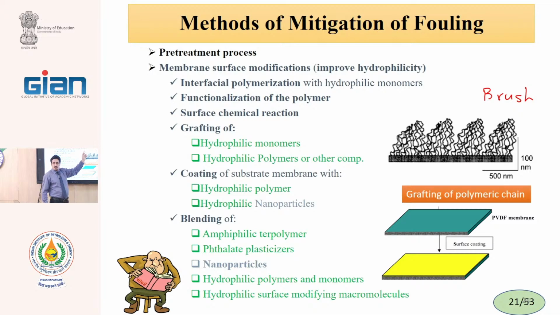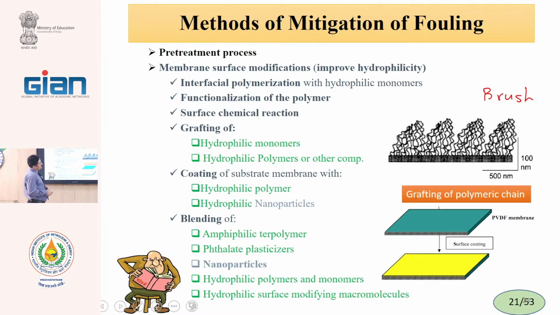This brush does not permit, and it also has a movement, and the movement of the feed velocity can separate the attached molecules from here and reduce the attachment of the foulants to the membrane surface.